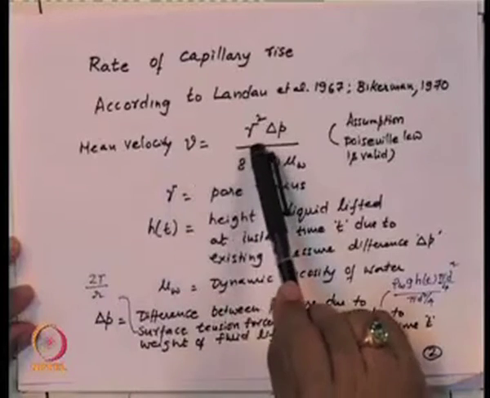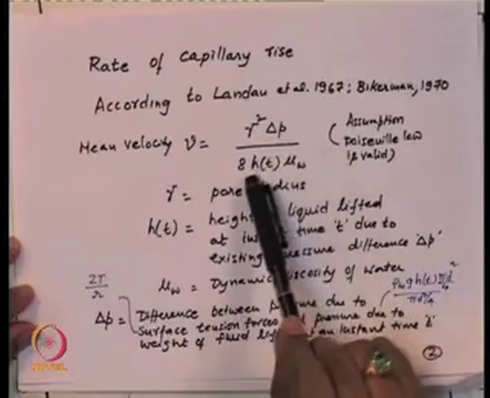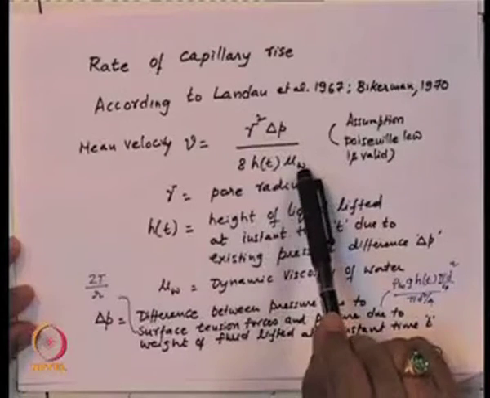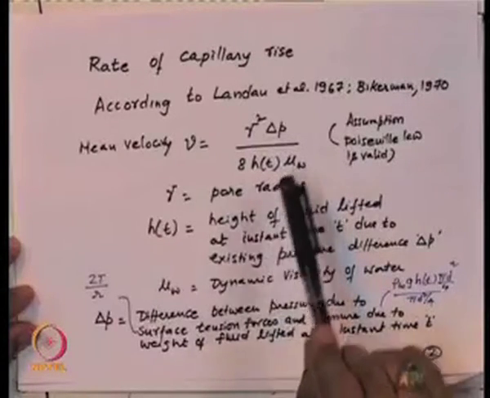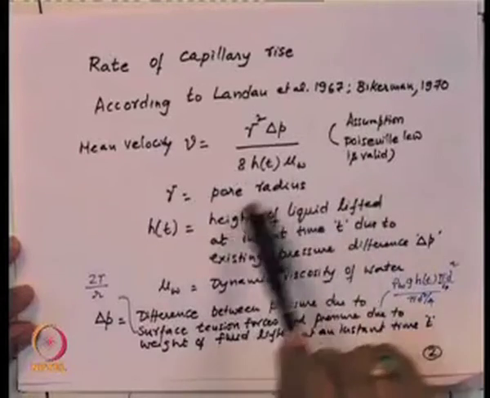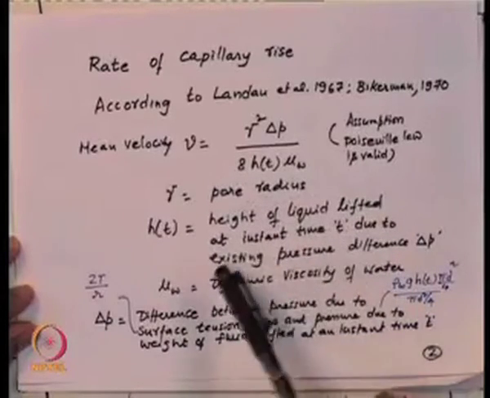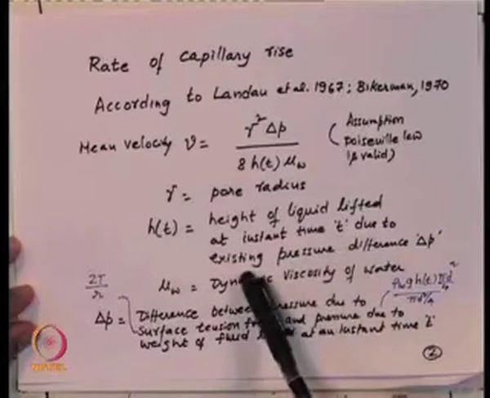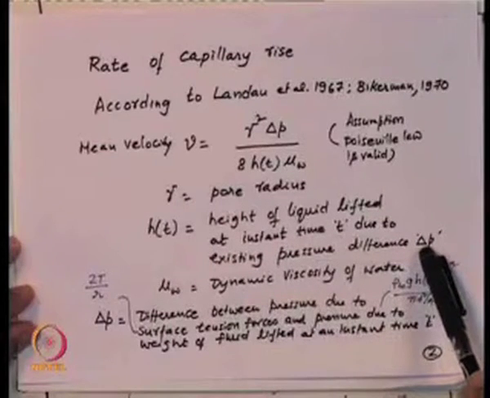V = R² ΔP / (8 Ht μw). R is the pore radius, and Ht is the height of the fluid lifted at any instant of time due to the existing pressure difference ΔP.